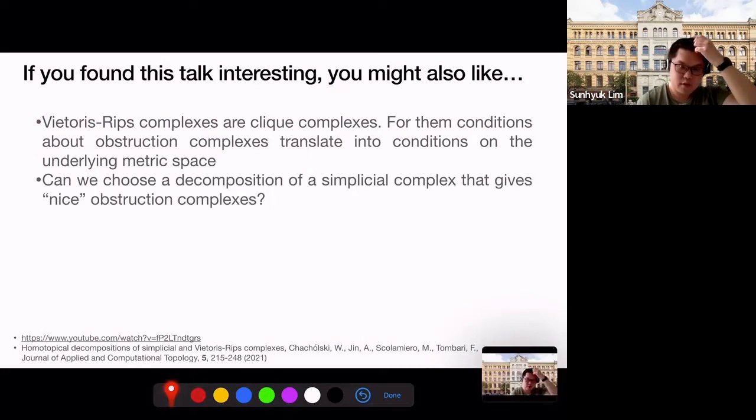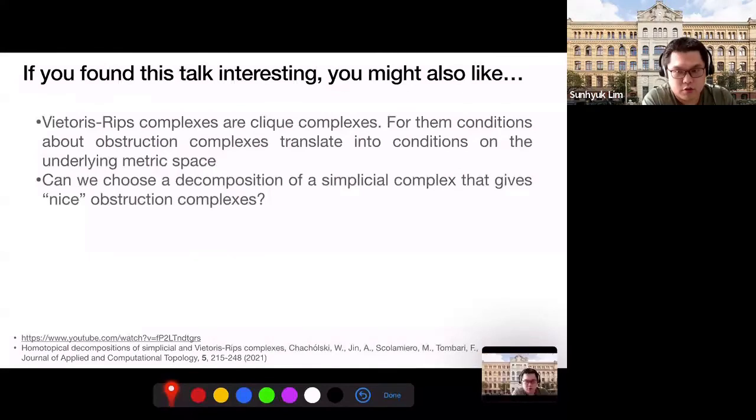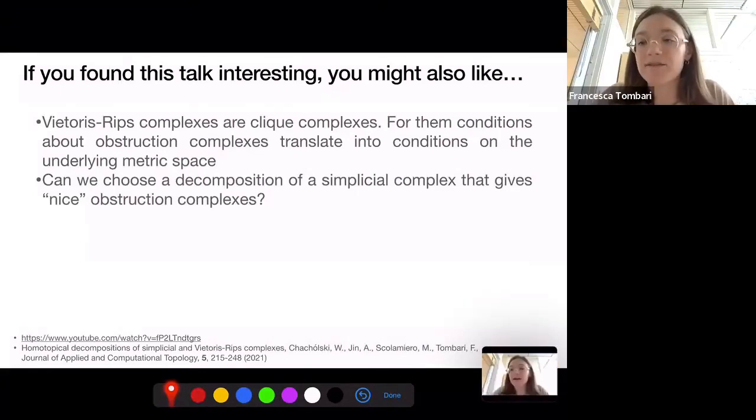I have one. For the first item of this page, do you have any example of some metric conditions on a metric space guaranteeing good conditions on those obstruction complexes? Yes, there are several. Now I can't even remember them by heart because they are not that intuitive.